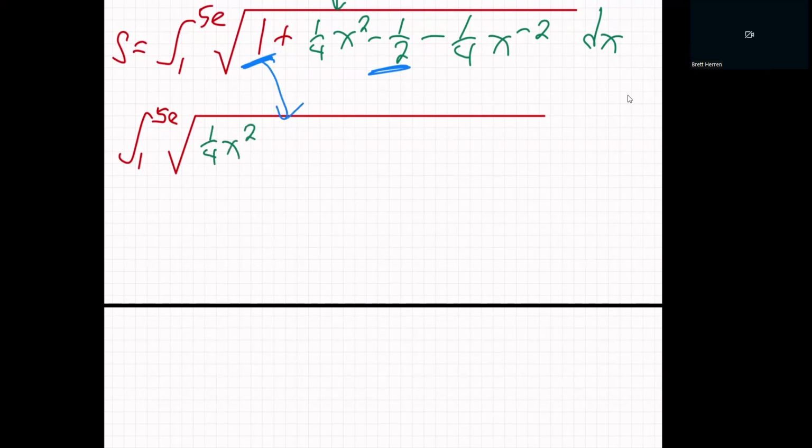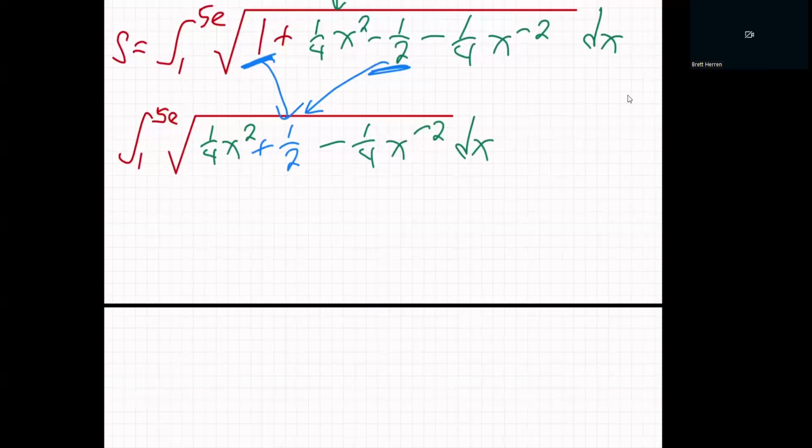And then 1 take away 2/4 is plus a half, right? 1 whole take away half is a half. And then the last term, the minus 1/4 x to the minus 2 dx. We good there?